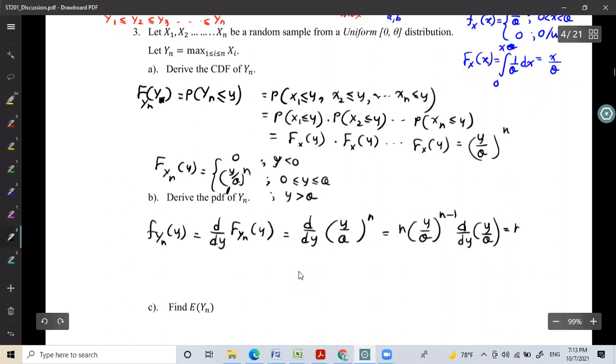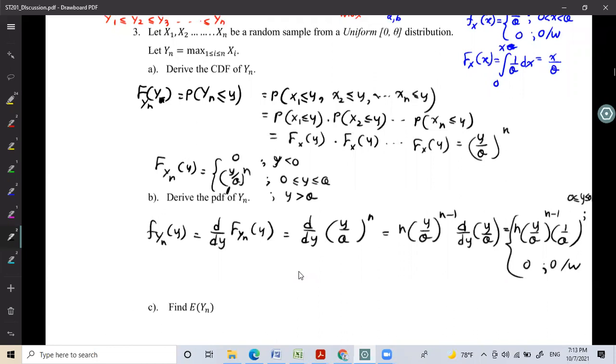So what do you get? n times y over theta to n minus 1, times 1 over theta. So this is the PDF, and you have to write it in the correct manner. This is when y is in between 0 and theta, 0 otherwise.